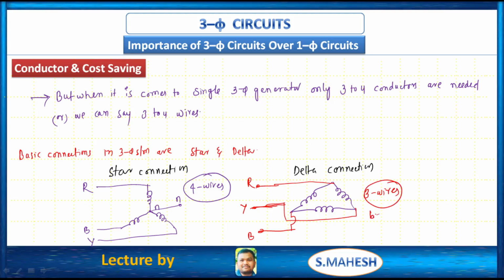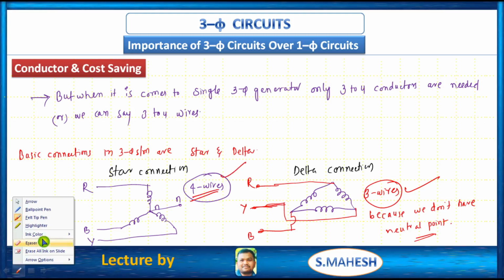because we don't have a neutral point, okay, that's why we need only 3 wires. But coming to star connection we need 4 wires. Let me modify this circuit.